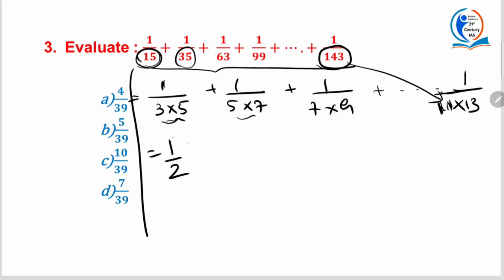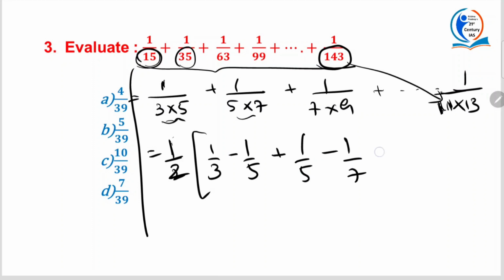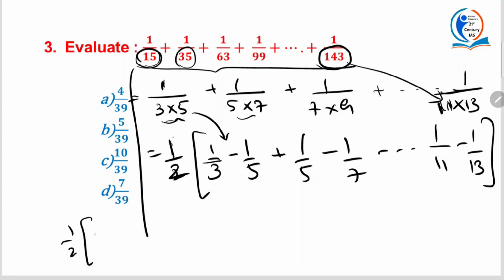Now, you can write this as half into (1 by 3 minus 1 by 5, plus 1 by 5 minus 1 by 7, and so on till 1 by 11 minus 1 by 13). Now, why did I write like this? To cancel the terms. How did I get the idea? Just by observing. See, it is 3 into 5, right? This one can be split into half of 1 by 3 minus 1 by 5.